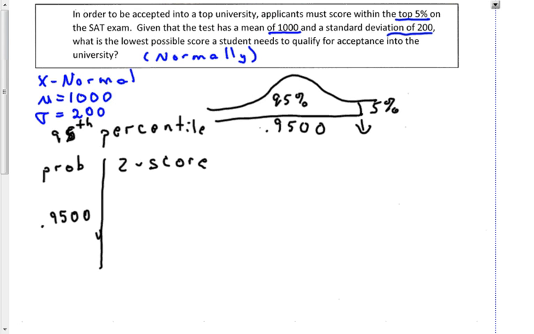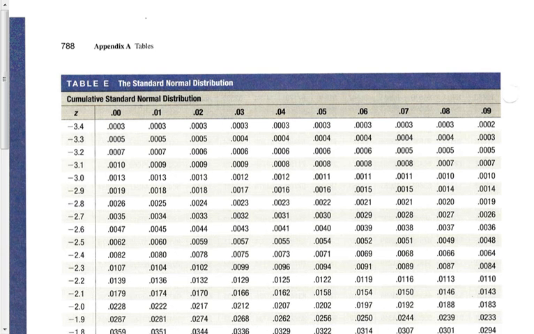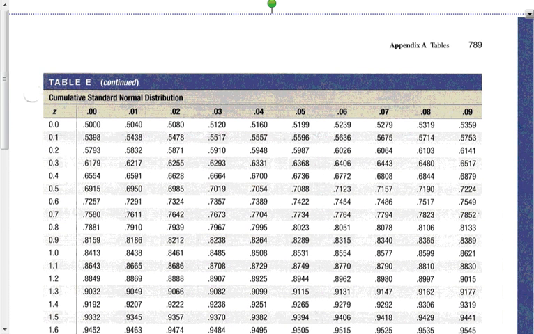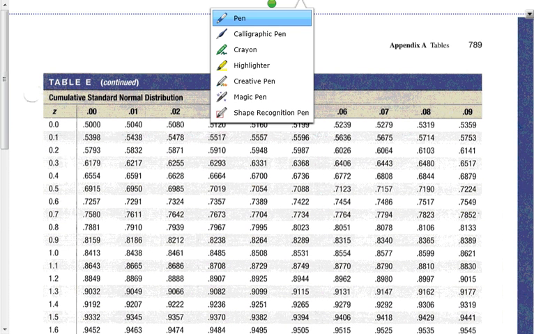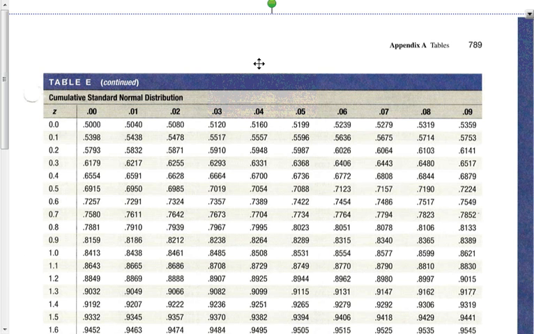We do know that our probability is more than 1/2, so a corresponding z-score down here would have to be positive. So if we go to our normal table, the part that we're looking for here is on the inside. The probability is what is given to us. And in particular, we're looking for a 9500.